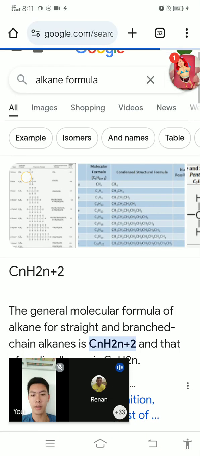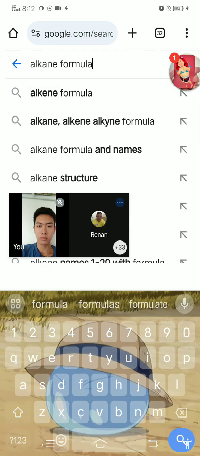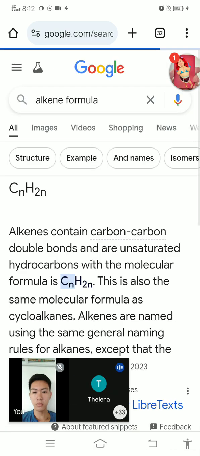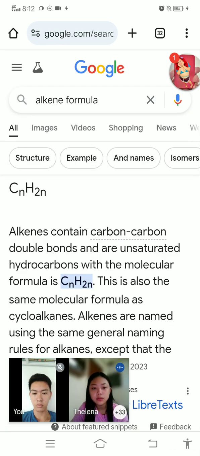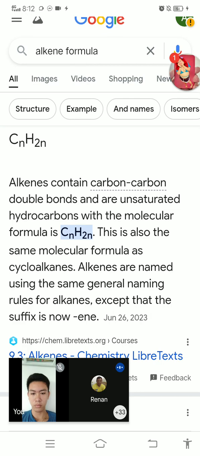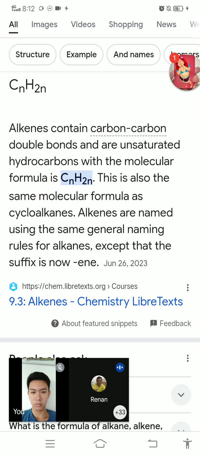Now, let's characterize alkene in terms of the general formula. What is the formula for alkene? Anyone? CnH2n, sir. Okay, correct. Perfect. Other than that, what is the other distinguishing characteristic of alkene that makes it different from alkane?